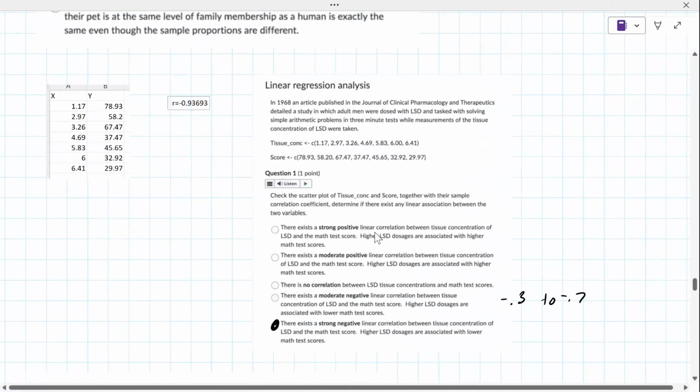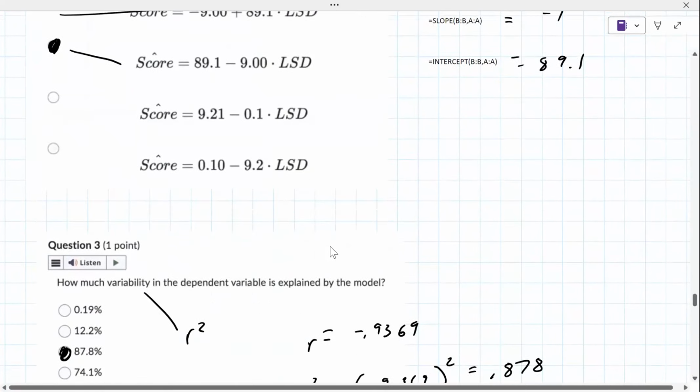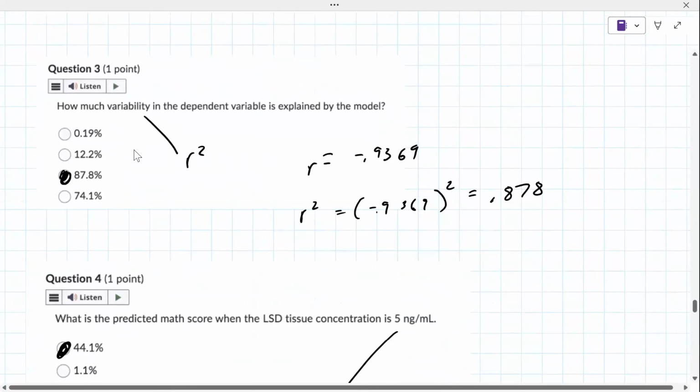I mean, it's pretty close to a -1. I guess you could go moderate negative. And then we missed number 3. Did you choose 87.8? I did. Okay.